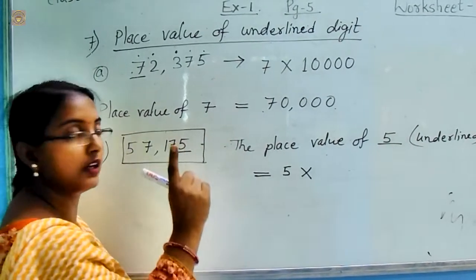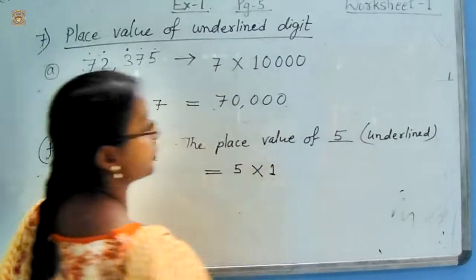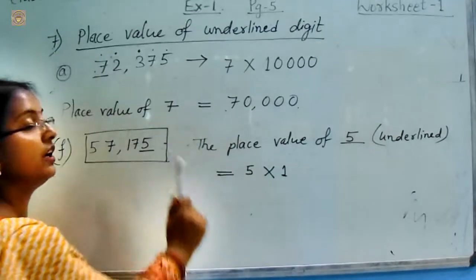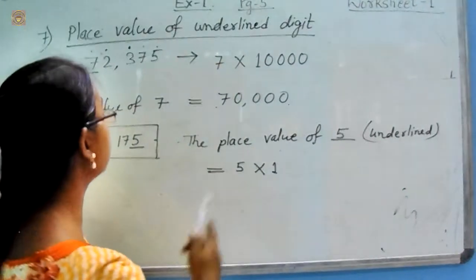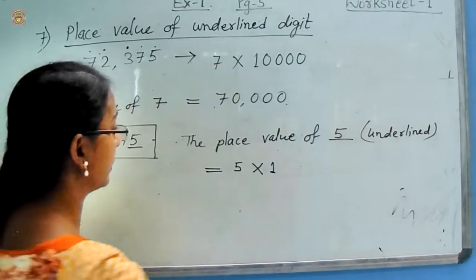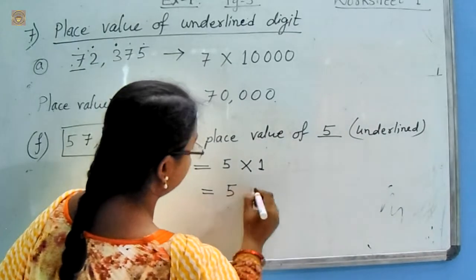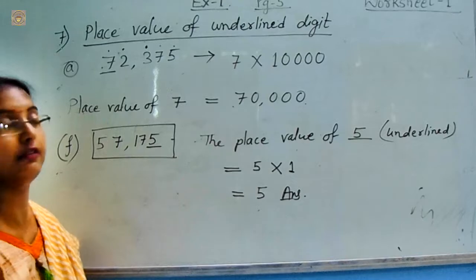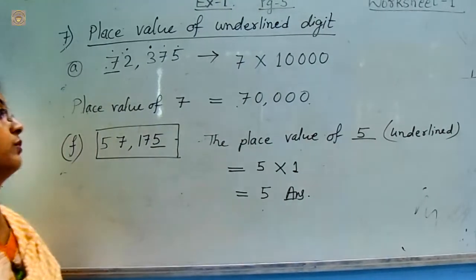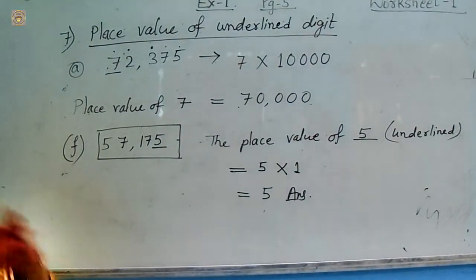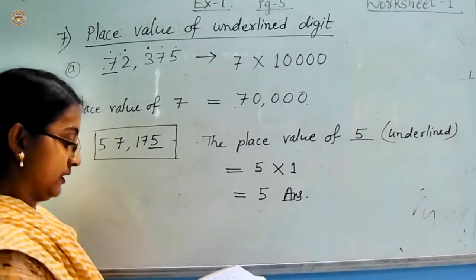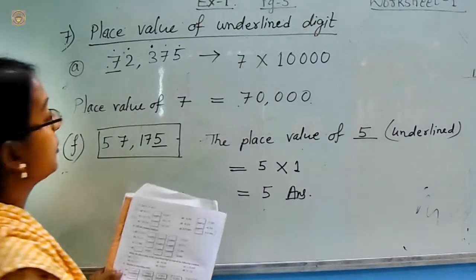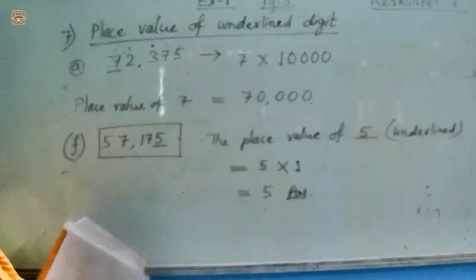So we will put only 1 as the multiplier. हम केवल 1 से मल्टीप्लाई करेंगे क्योंकि इसके बाद और कोई डिजिट नहीं है और इसके बाद कोई जीरो पुट नहीं होगा. So it will be 5 as the answer. That is, the place value of the underlined 5 at the 1's place is only 5. Hoping that you are understanding these terms.